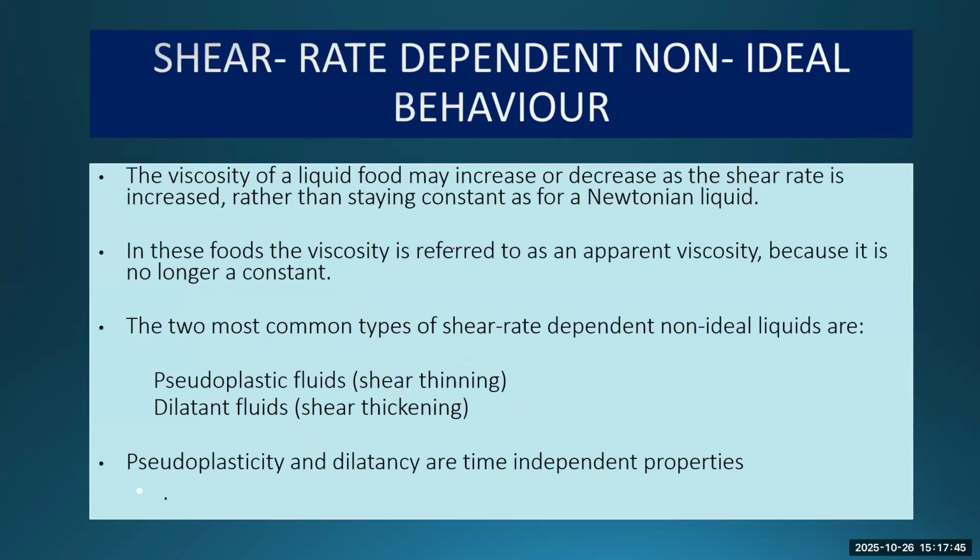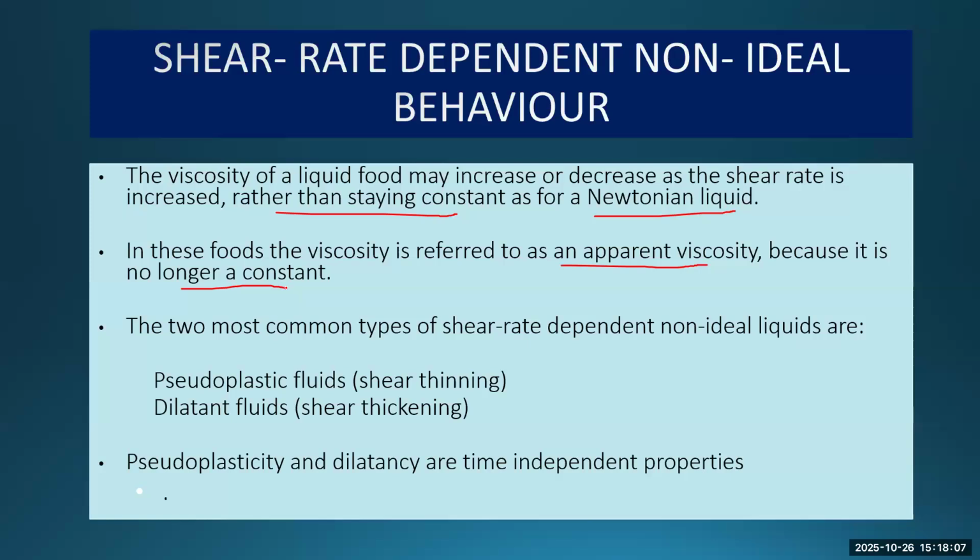The viscosity of a liquid food may increase or decrease as the shear rate is increased, rather than staying constant as for a Newtonian liquid. In these foods, the viscosity is referred to as an apparent viscosity, because it is no longer a constant.